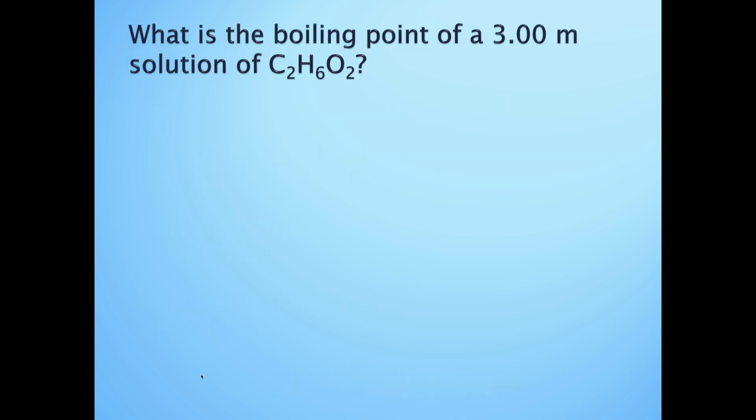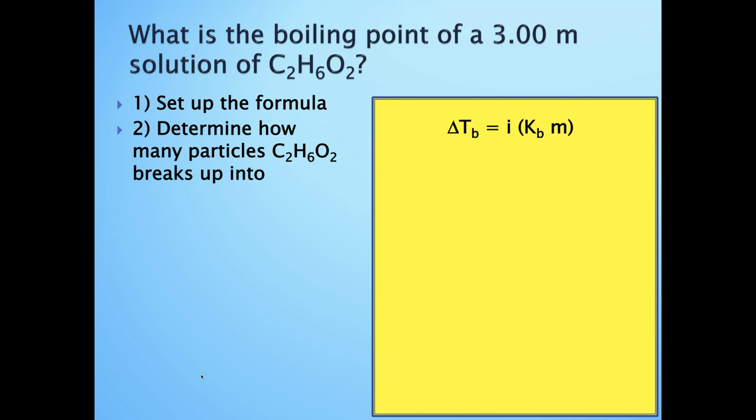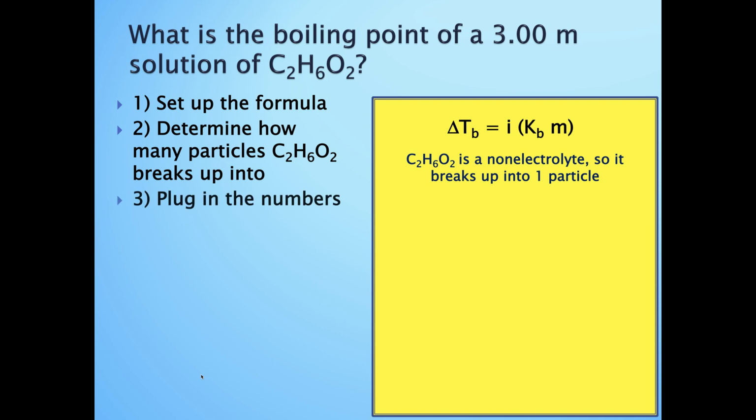Okay, so what is the boiling point of a 3 molal solution of antifreeze? So first we set up the formula. How many particles does C2H6O2 break up into? Well, they're all nonmetals, so it doesn't break up beyond itself. So therefore, there's only one particle. So the value for i will be 1.